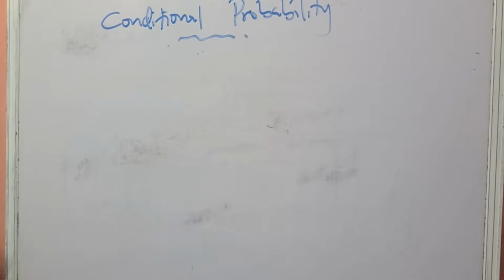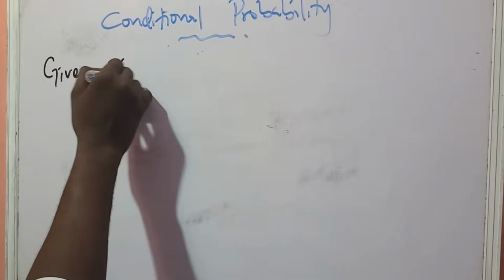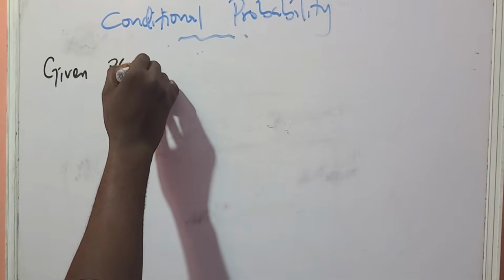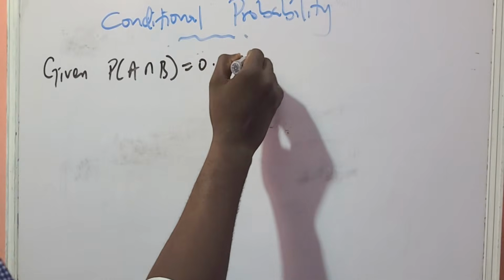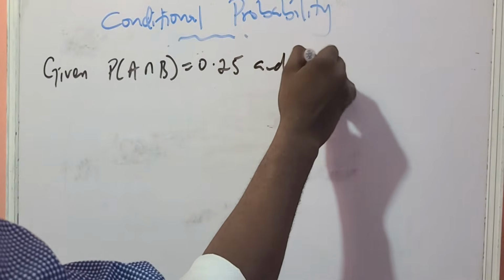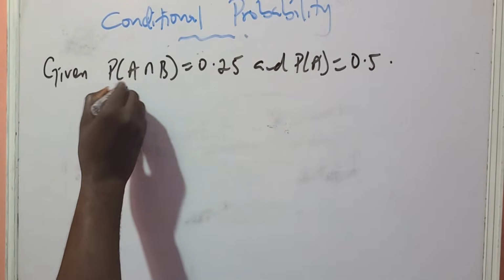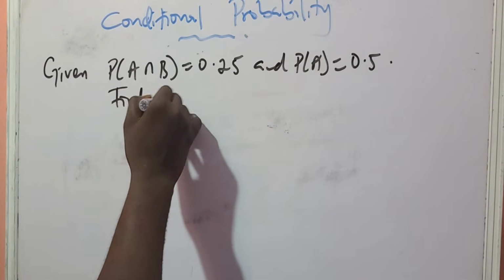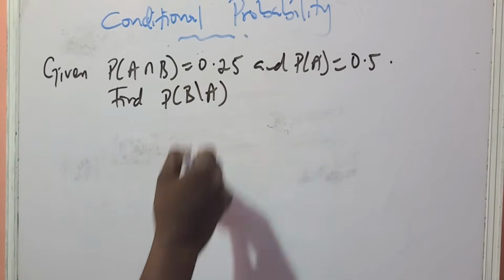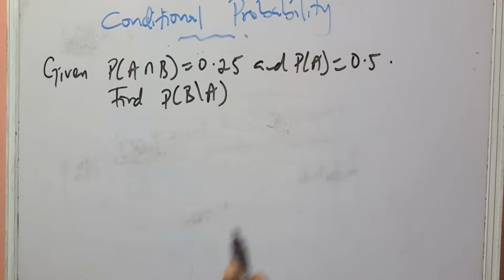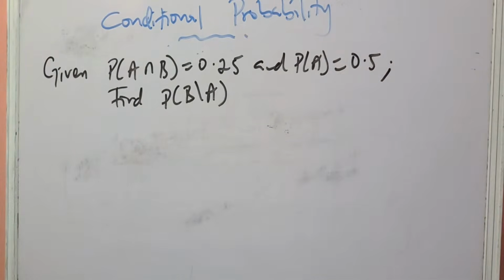We have given probability of A intersection B is equal to 0.25 and probability of A is equal to 0.5. You have to find probability of B given A. Sorry, let me add this.